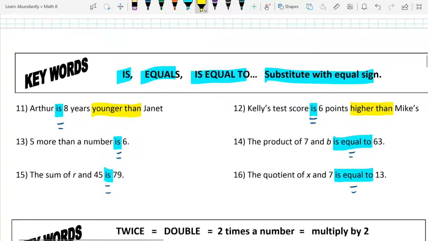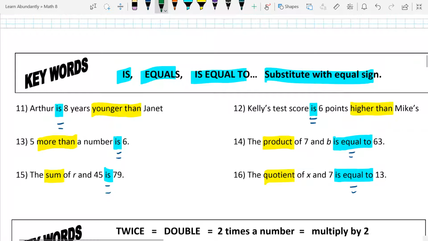Number 13 says more than. Number 14 says product. Number 15 says sum. And number 16 says quotient.